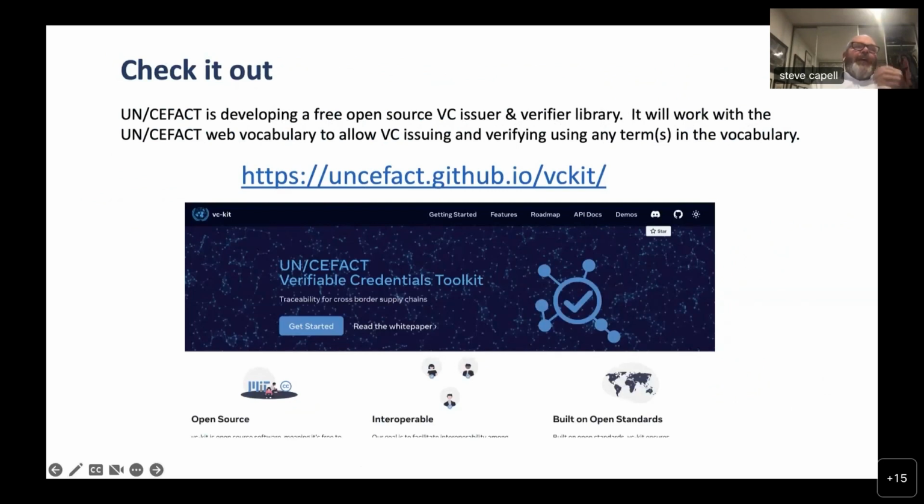And again, UNECE is supporting this technology by building some open source capability and linking that to the vocabulary that I previously mentioned, because the content of these verifiable credentials, of course, has to have meaning. And the way to achieve that is to populate the content of those verifiable credentials with terms that are drawn from a standard vocabulary, such as the one I showed you in the last slide.